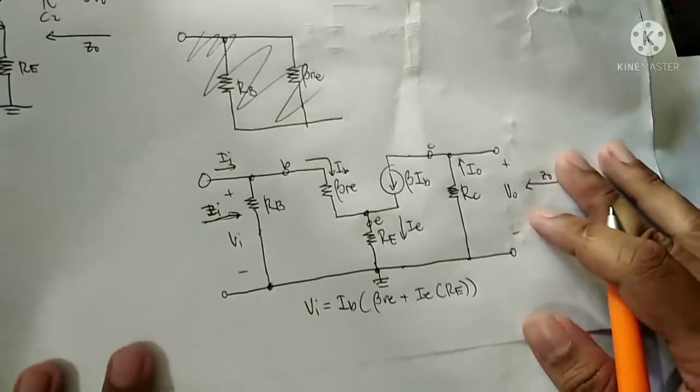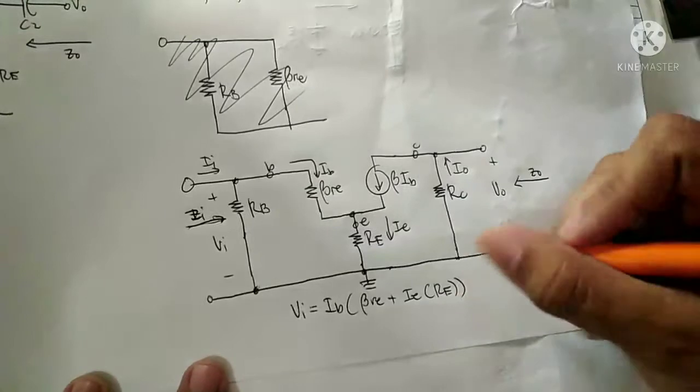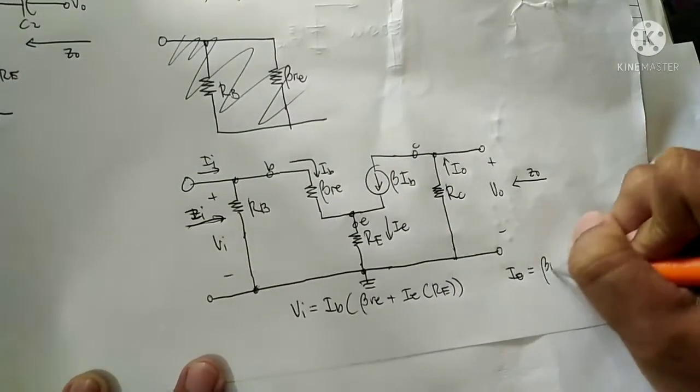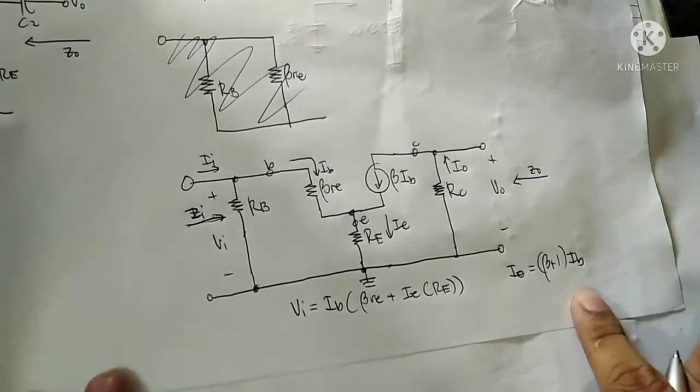In our previous discussion, ie is just equal to beta plus 1 times ib, right? That's a formula from Electronics 1.